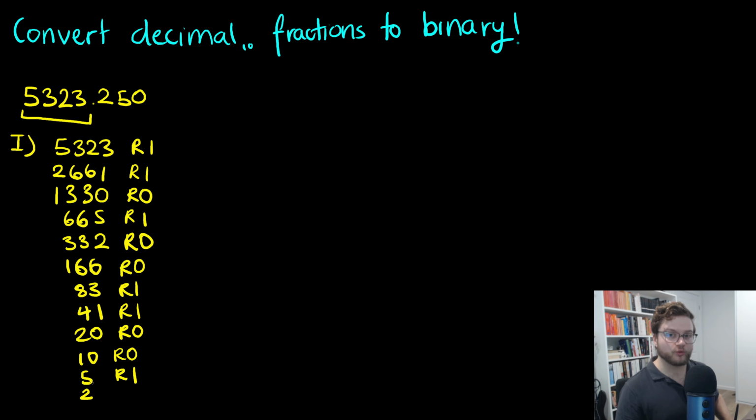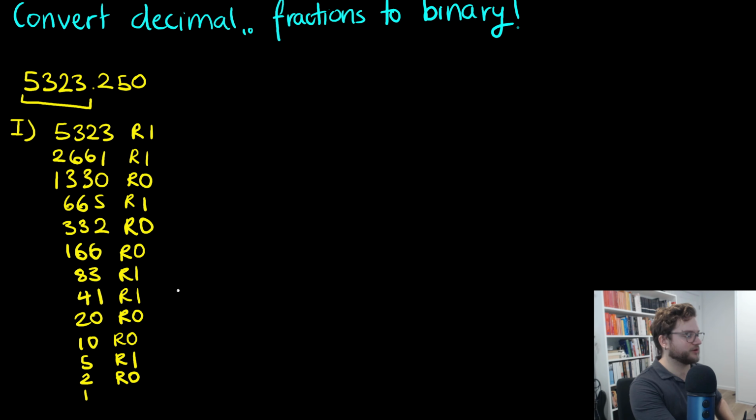And now 2, what do we do here? We do 2 divided by 2, and that is remainder nothing, because 2 goes into 2 one whole time. Now we're running out of space here, so I'll just move down a bit. And 1.